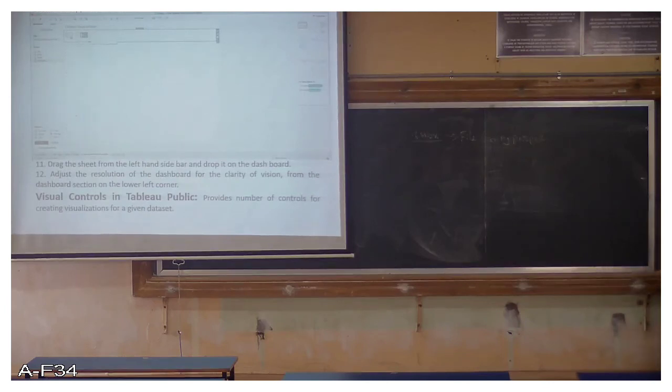So this is about the Tableau approach. Overall, in a nutshell, we can say that Tableau products are the most widely used software tools for data visualization. There are various types of Tableau products available in the market.